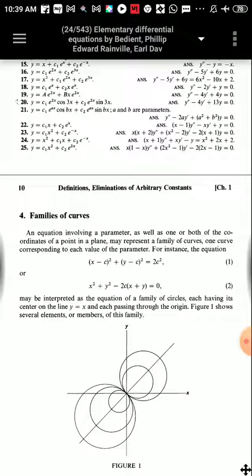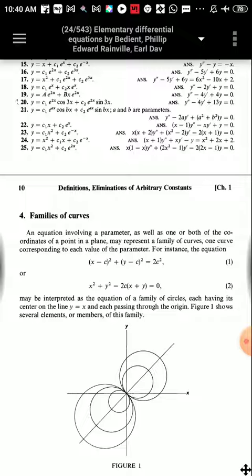For instance, the equation (x minus c) square plus (y minus c) square equal to 2c square, or x square plus y square minus 2c(x plus y) equal to 0, may be interpreted as an equation of a family of circles, each having its center on the line y equal to x and each passing through the origin.